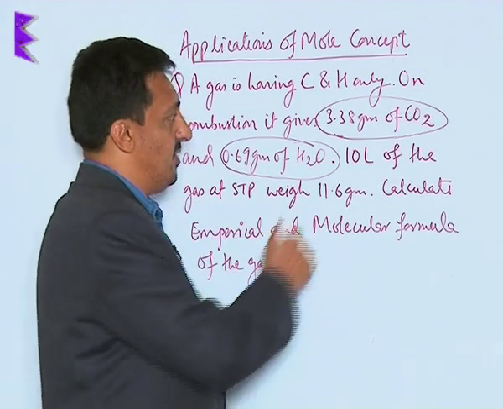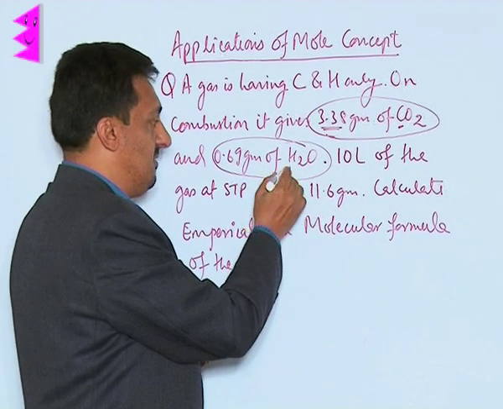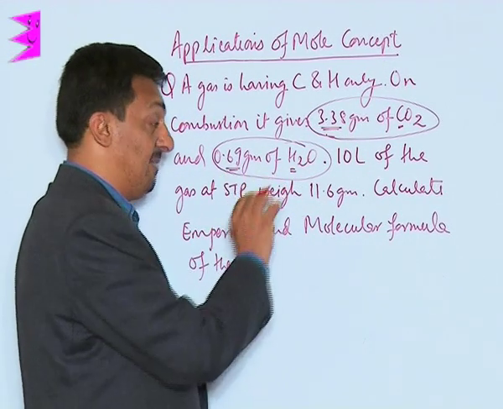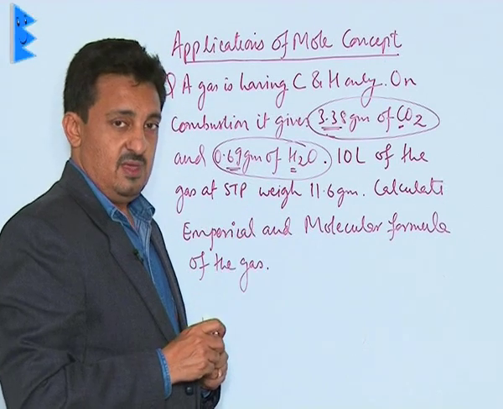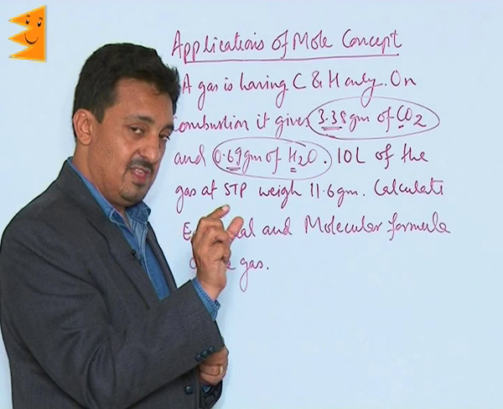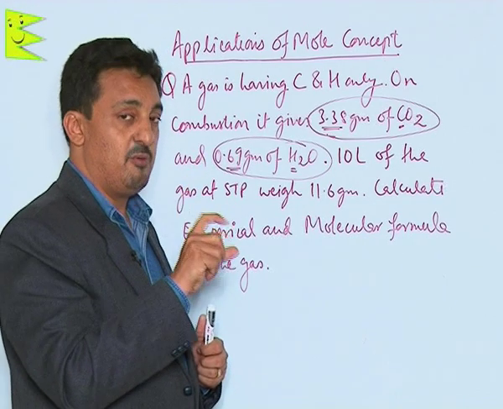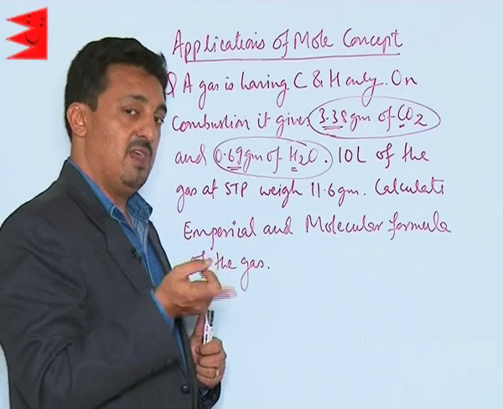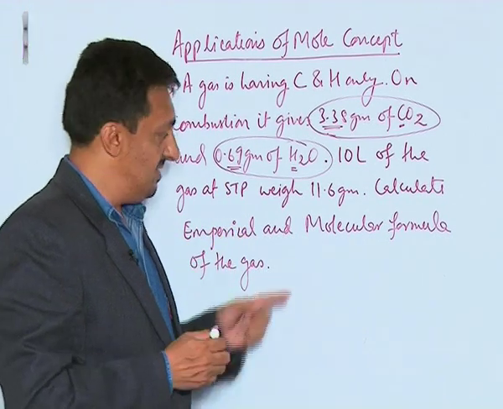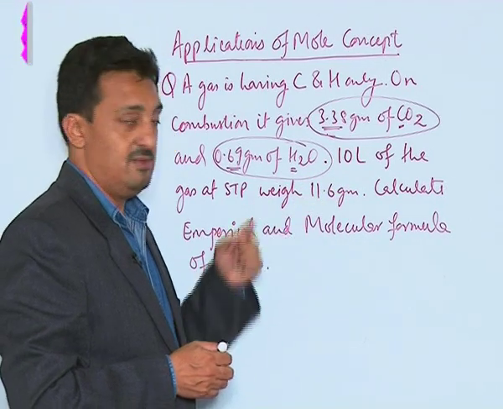Because remember, whatever carbon is there in this 3.38 grams of CO2 and whatever hydrogen is there in 0.69 grams of water is all from that hydrocarbon gas. If we add those masses, that will give us the mass of the gas. From there we can find out the percentage composition of the carbon and hydrogen, and that can give us the empirical formula, from where we will find out empirical mass. Then we will use this information to find out molecular mass, that is going to give us the molecular formula.